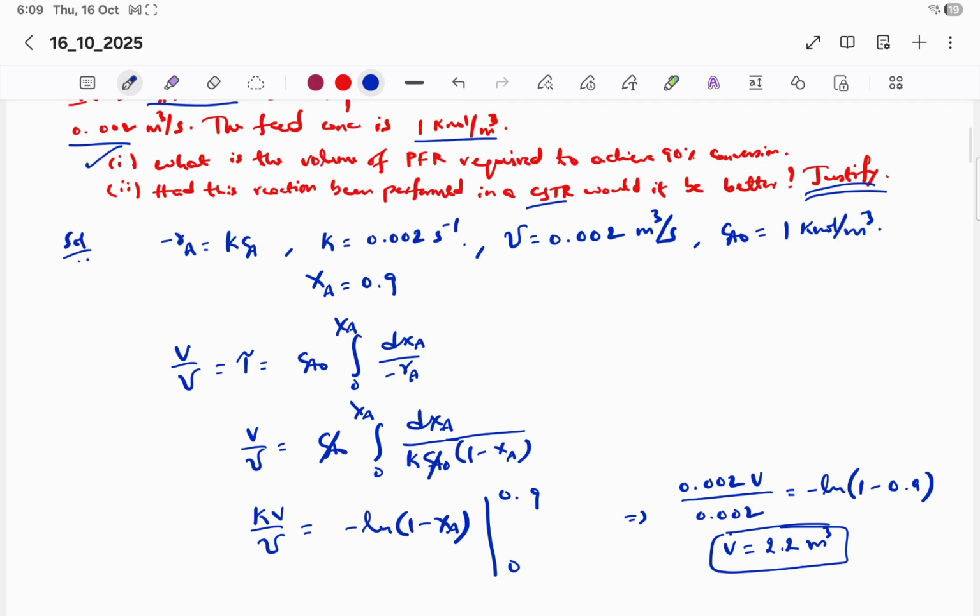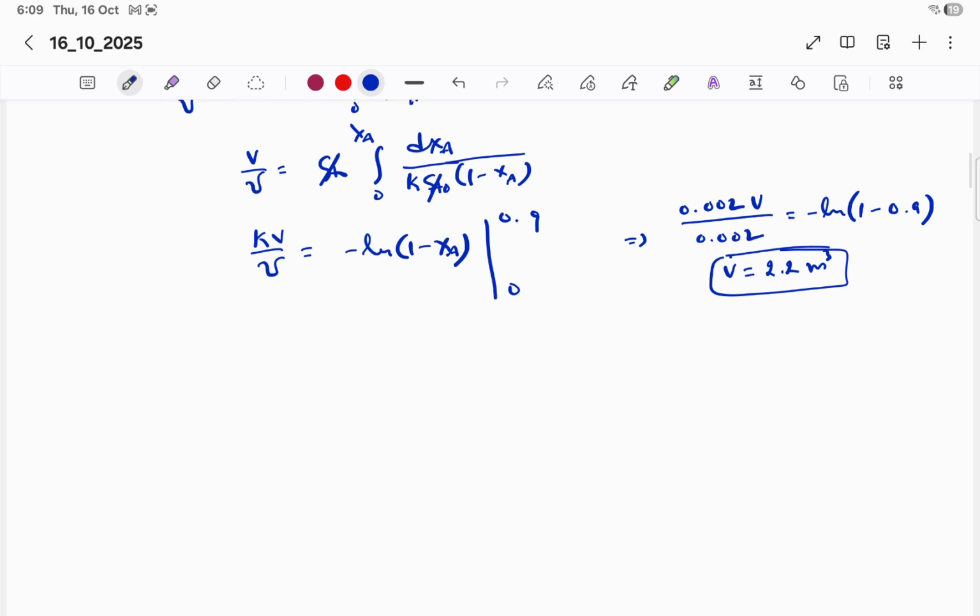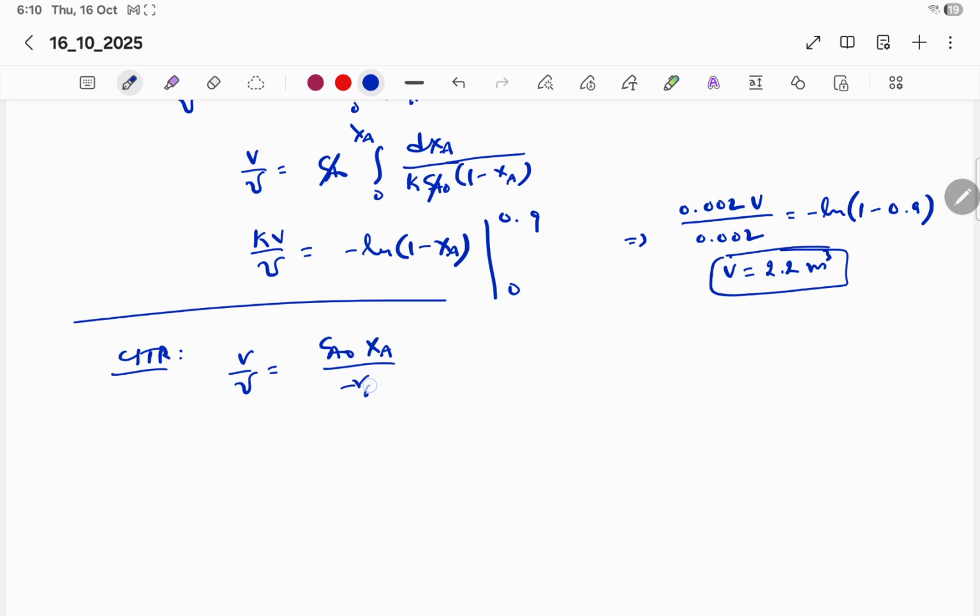Now if I do it for CSTR, the performance equation is V by volumetric flow rate equal to CA0 XA by minus rA.